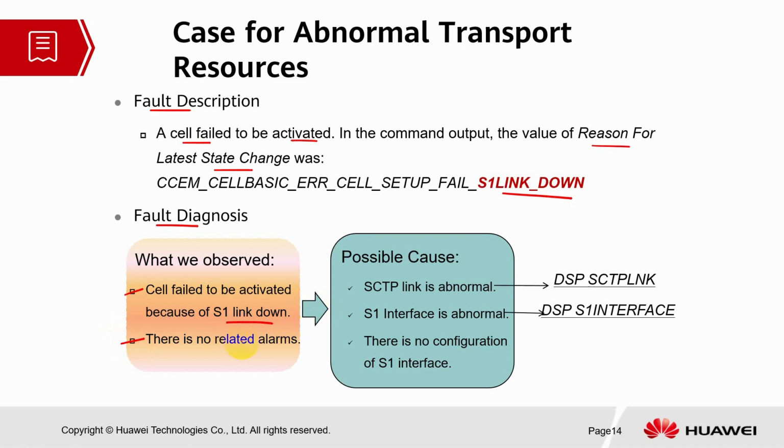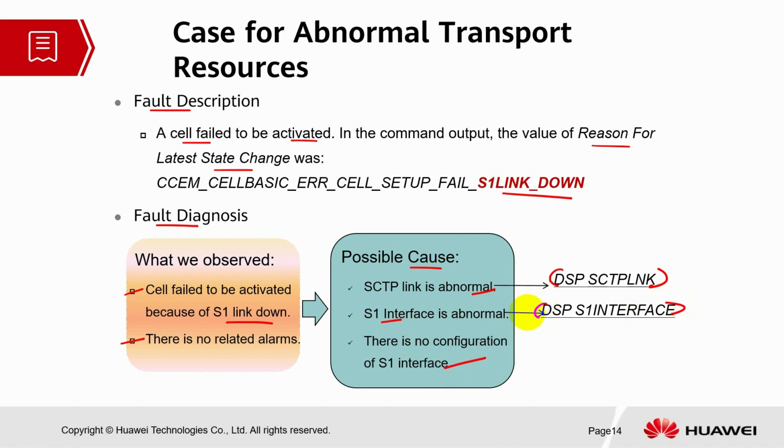What could be the possible causes? The possible causes could be that the SCTP link is abnormal. We can display SCTP link and view the status. Or the S1 interface is abnormal. We can view the S1 interface and its abnormalities. But in this case, they found out there is no configuration for the S1 interface.